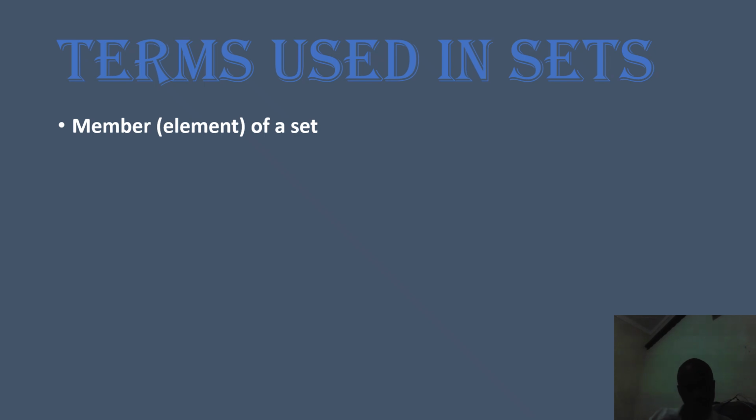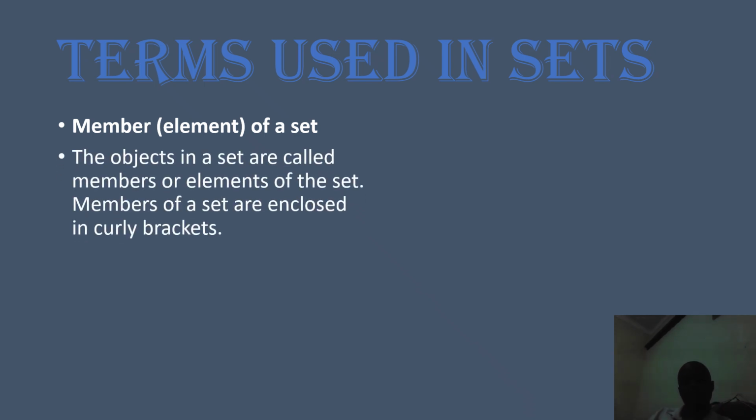Let us look at the terms used in sets, and one we are having what we call member or element of a set. We are saying that these are the objects in a set. They are the ones that are referred to as members or elements of a set.